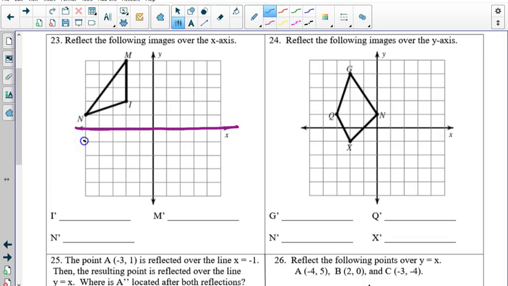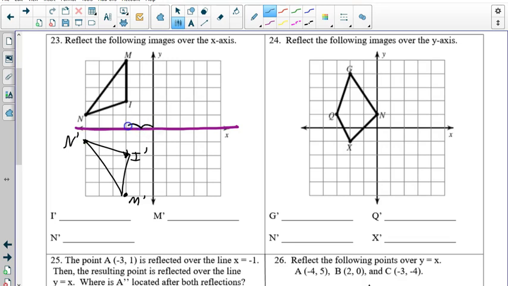N is 1 above, so N prime is 1 below. I is 2 above right here, so I prime is going to be right there. And M prime is 1, 2, 3, 4, 5 above, so that's going to be right there. That was horribly drawn. Now, where's I prime? Remember, be careful.